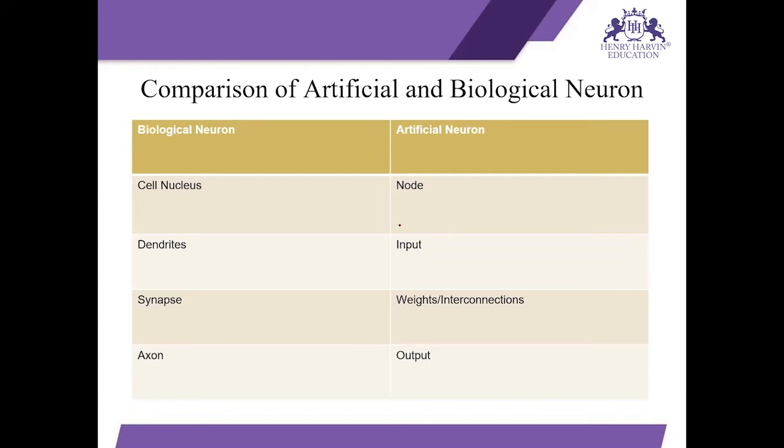Whatever function input performs in an artificial neuron, the same function is performed by dendrites in a biological neuron. A synapse is there in a biological neuron, where interactions are present in an artificial neuron. Whatever is done by the output, the same thing is performed by the axon in the biological neuron.